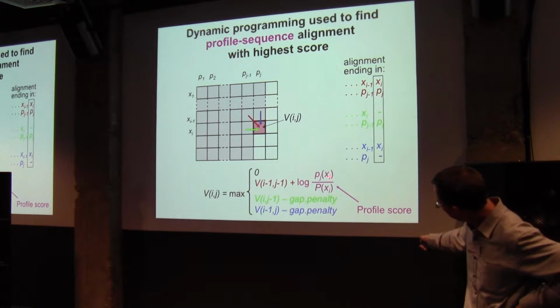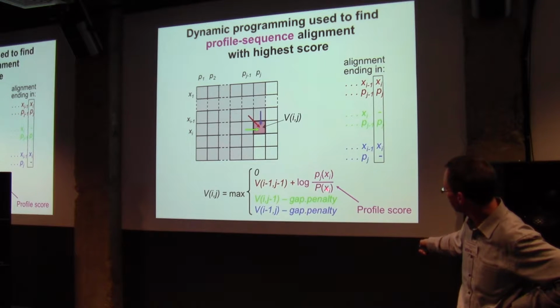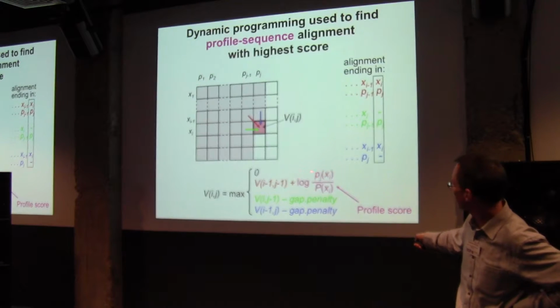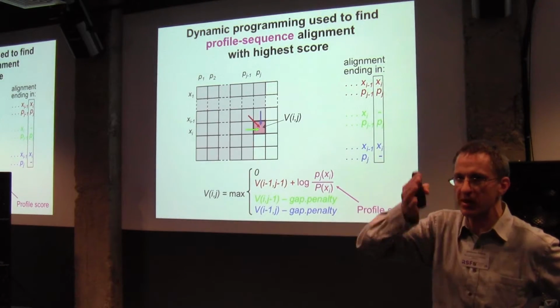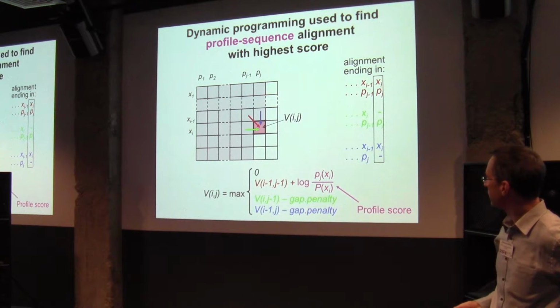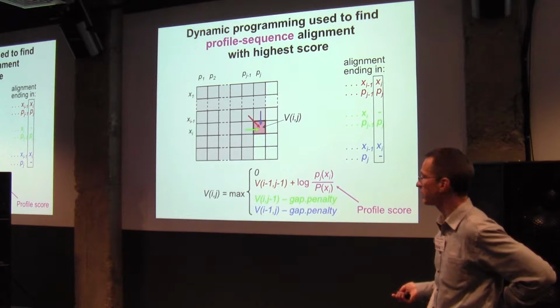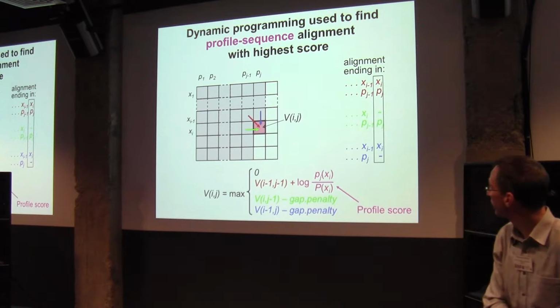So this is the probability of finding xi at this position J of the multiple sequence alignment, and this is just the probability of finding the same amino acid anywhere in the database. The ratio of this again tells you how much this amino acid wants to be at that position. And then the rest of the algorithm is the same. And it's really amazing what such a small change in the scoring can make in terms of sensitivity improvement.